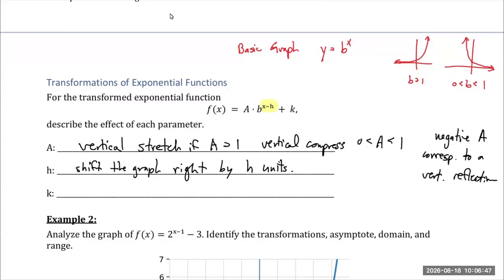The last letter that you see here is this plus K, and that's going to shift it up by K units. Just as a reminder, all the horizontal actions affect the x value. All the vertical actions affect the whole thing. Let's take a look at an example.